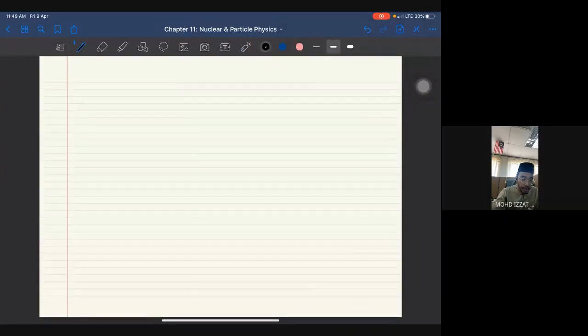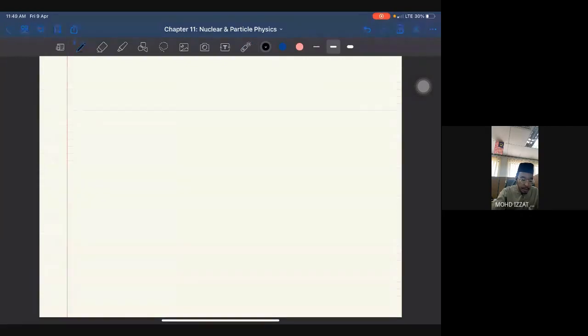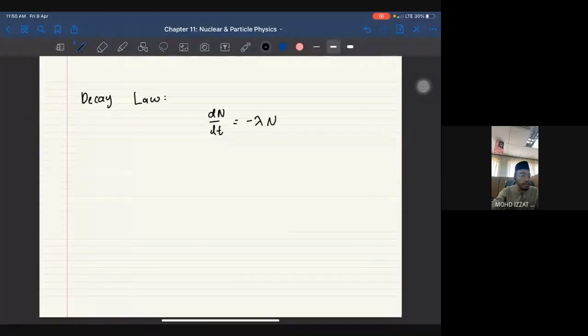Okay, so for calculation, you have the decay law. Decay law is actually dN over dt equals negative lambda N. Notice that I put negative over there, so negative memang kena ada. That one is in your formula.